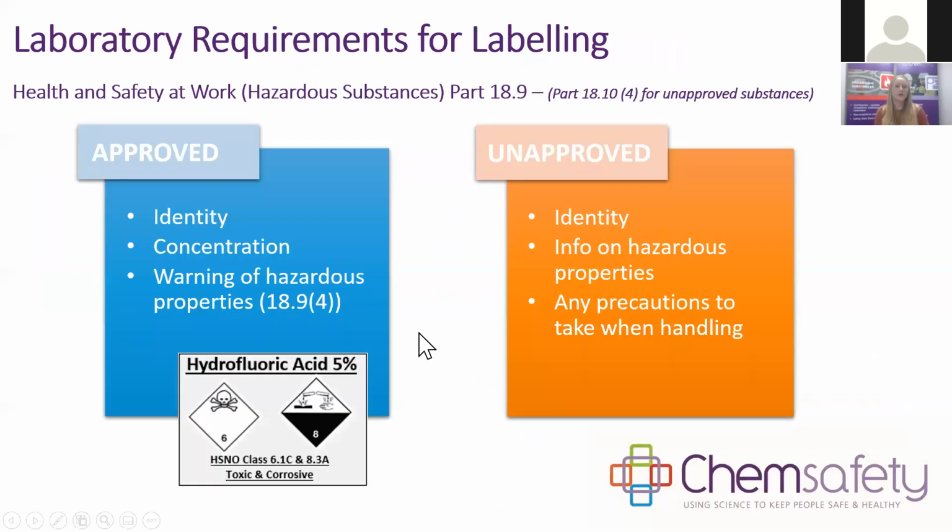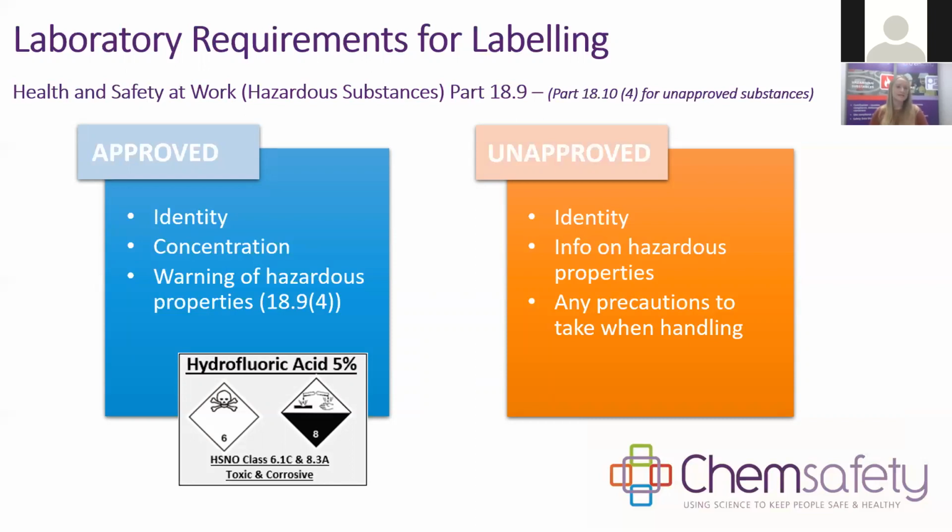And then this is what needs to be on the labels, depending if it's an approved or an unapproved substance. So for approved, you have the identity, the concentration, if this is applicable, and a brief warning of the hazardous properties if there is any of the hazard classifications listed on the previous slide. We have an example on the screen there for hydrofluoric acid.